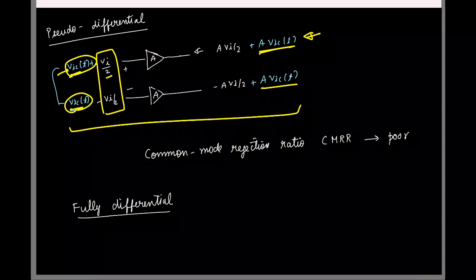So which not only guarantee the right differential mode operation, but also have a good CMRR. Is that fine? And the simplest fully differential amplifier is our diff amp.